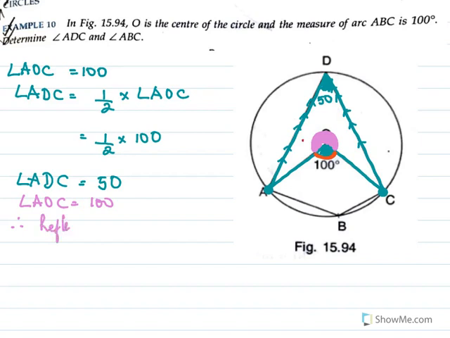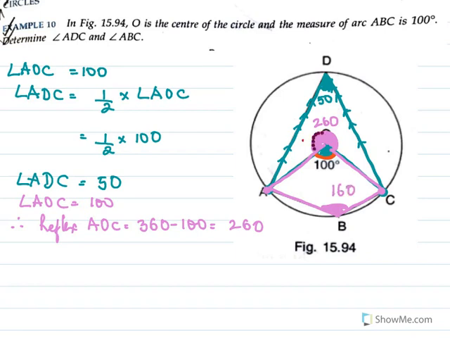Therefore reflex AOC equals 360 minus 100, which is 260. So here we have 260. Now again, this is the central angle of the arc A and C. Therefore the angle ABC, this angle behind, will be half of it.